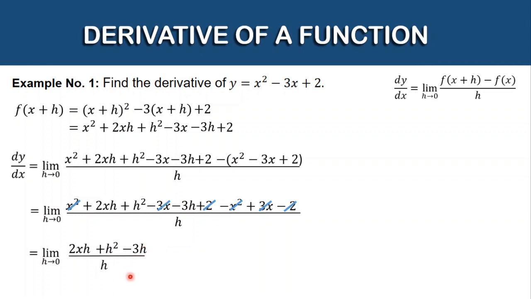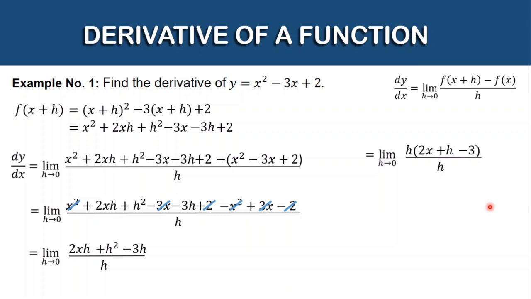So, all over h. And at this point, we can put out h dun sa lahat ng terms. So, magkakaroon tayo ng limit of h times 2x. So, lumabas yung h dun sa 2xh natin. Kaya 2x na lang yung nasa loob ng parenthesis. Then, yung h squared natin ay h na lang. Then, yung sa negative 3h, so negative 3 na lang siya. All over h.